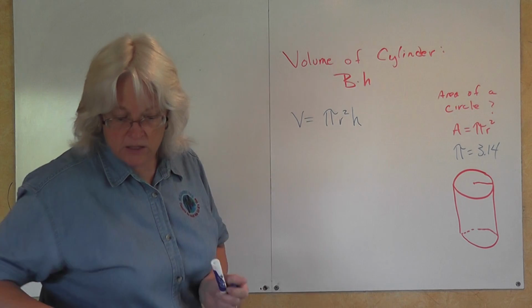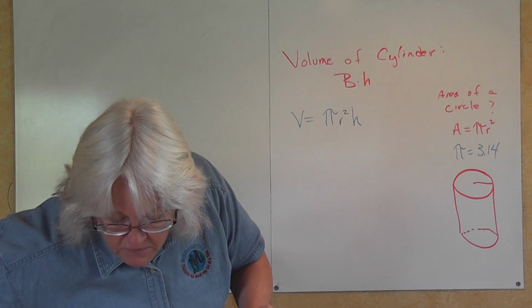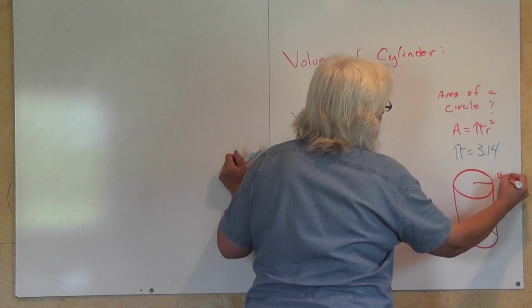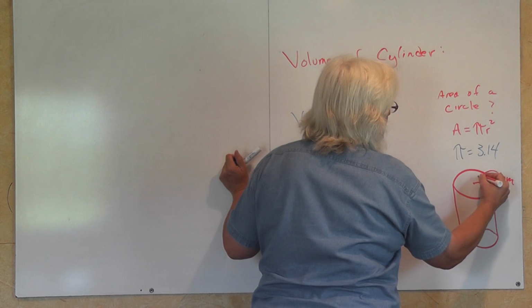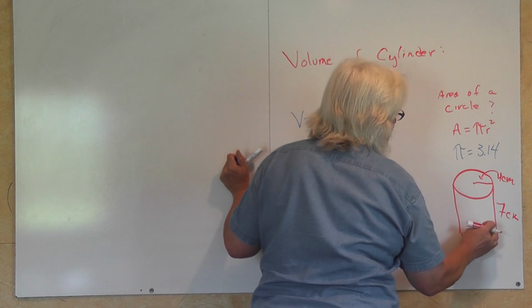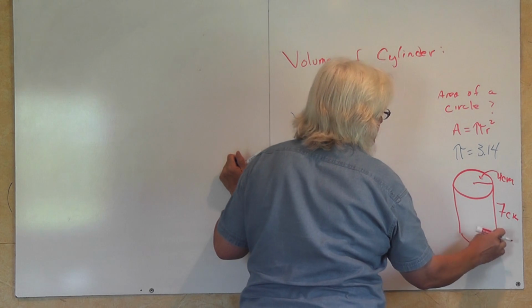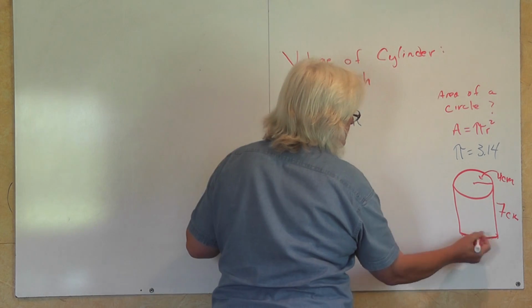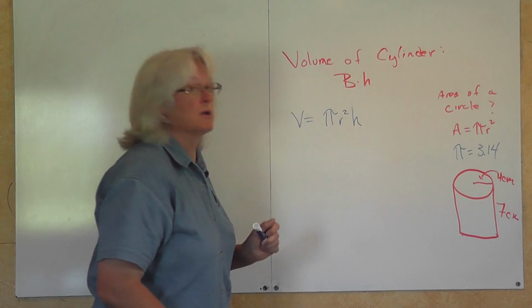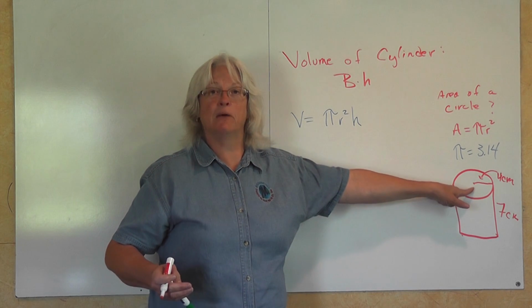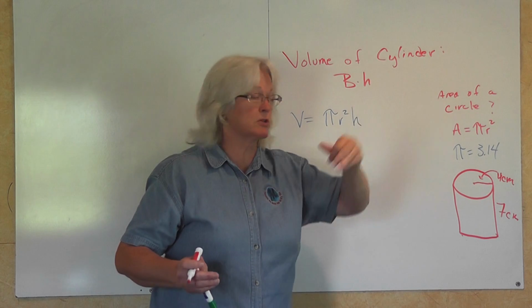This is the radius, and it's marked as 4 centimeters. And the height here is 7 centimeters. So we have our cylinder. Is this radius or diameter? Well, it's radius because it starts in the middle.